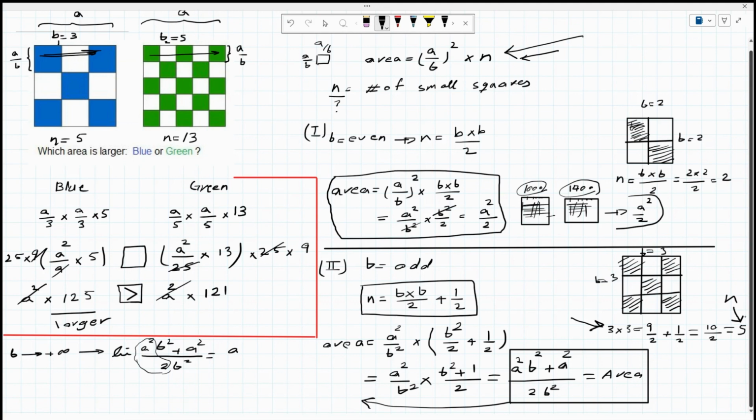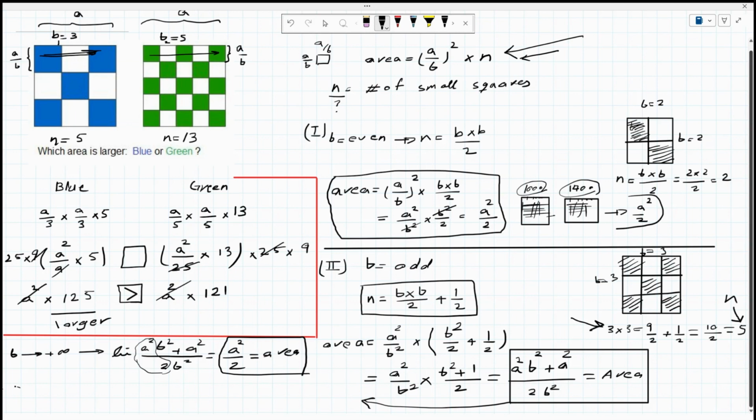So this is going to be a² divided by 2 as area. Let's say, for example, b is 1 million. In that case, the area is going to be roughly half of the total area.